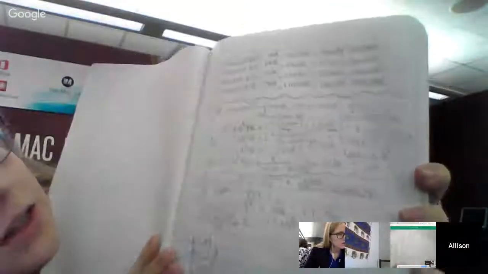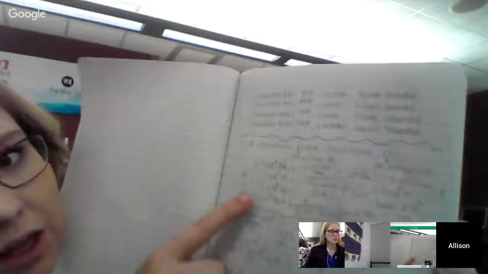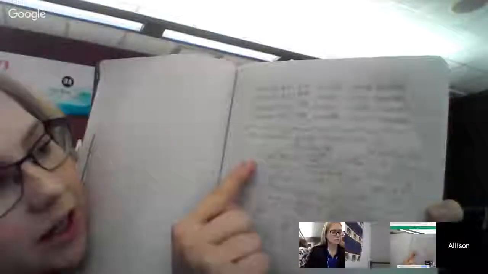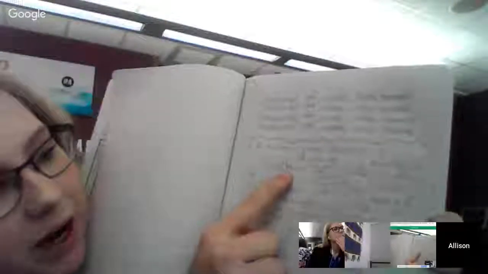So for A, let's see, can you guys see? Yeah. What we did was 109 million, and we added it to the 48 to get 1.57 times 10 to the 8th base pairs.